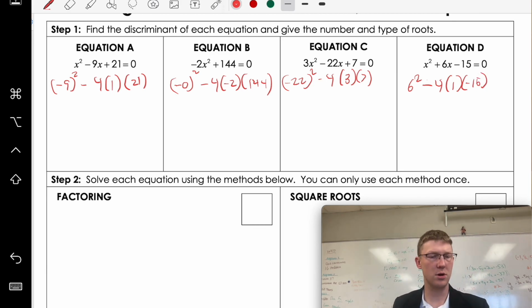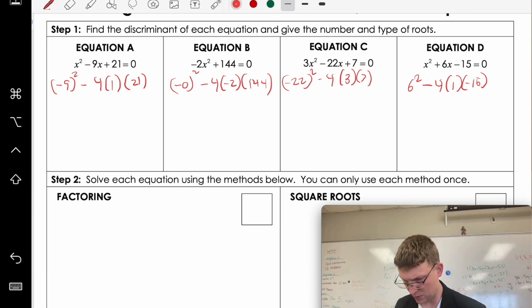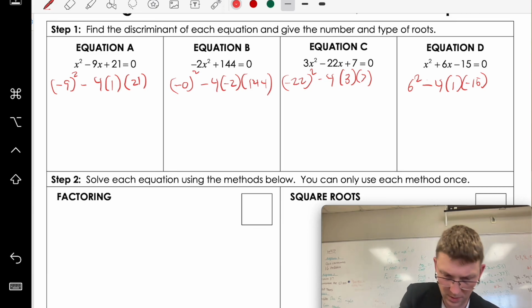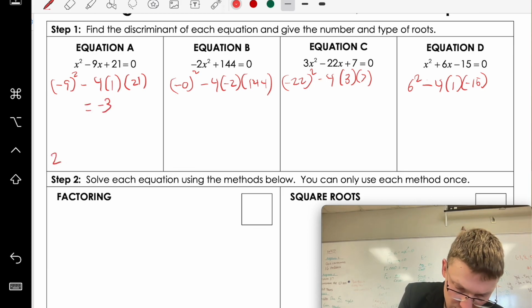Okay, go calculator. 9 squared minus 4 times 1 times 21 equals negative 3. So it's negative.